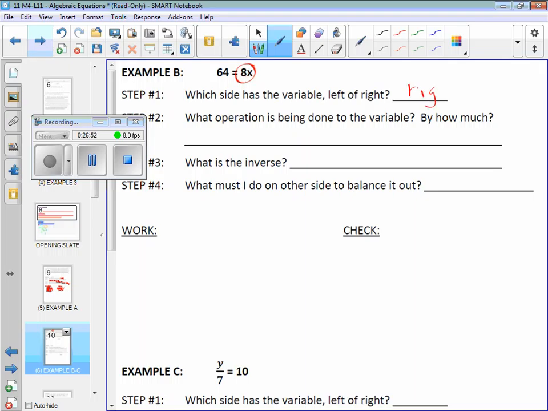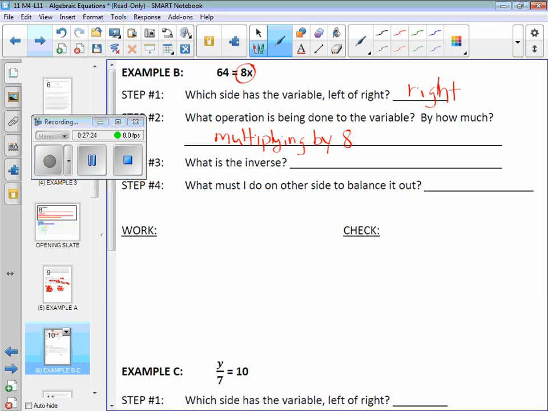What operation is being done to the variable? By how much? You got it. We're multiplying by 8. Agreed? Addition and subtraction are inverse operations.